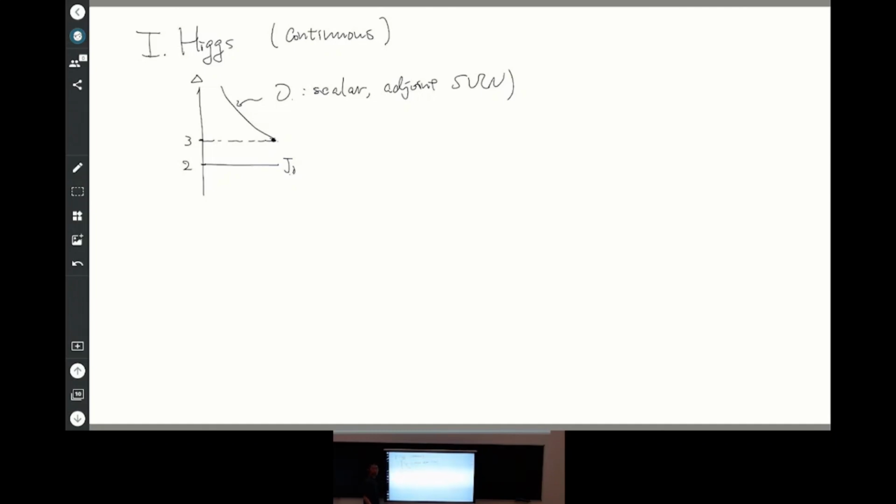Dimension 3 is a marginal operator. So it starts out as an irrelevant operator, and then as you change the radius, there is some operator whose dimension goes down and hits marginality.